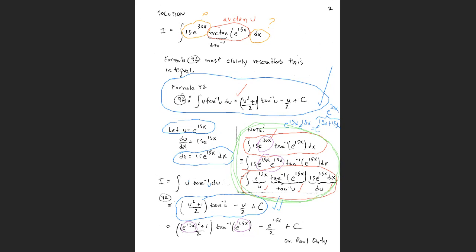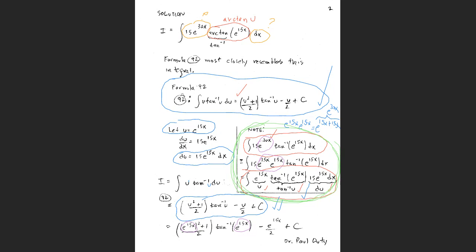You notice e to the 30x is very conveniently e to the 15x times e to the 15x. That's no accident. The problem's designed to work out that way. Do you see how, as you work through the steps, we transform with the substitution u equals e to the 15x power, and the integral becomes u times the arctangent of u du? Is that okay?